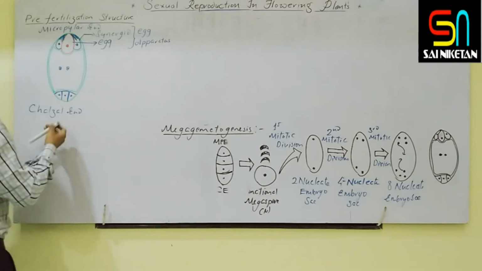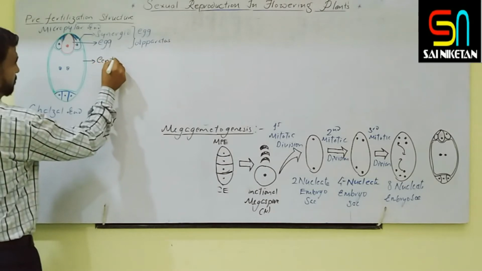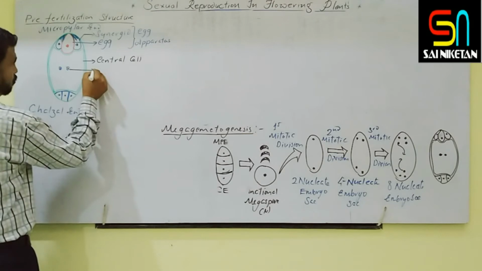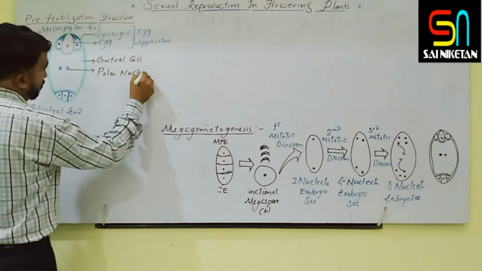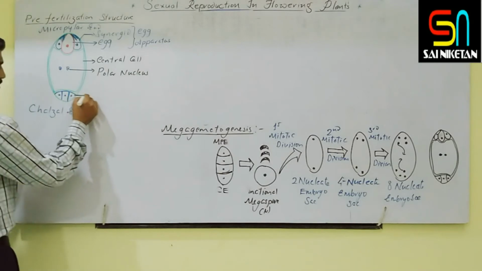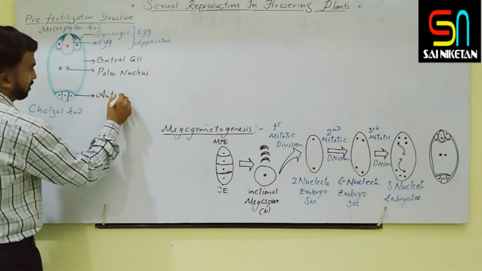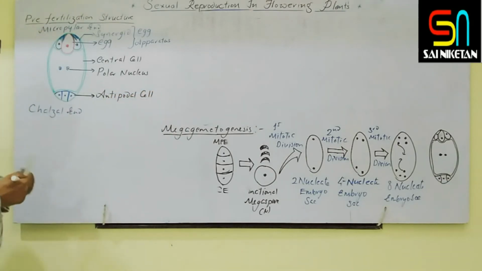So this is the central cell, these two are polar nuclei, and the cells which are present at the chalazal end are called the antipodal cells.